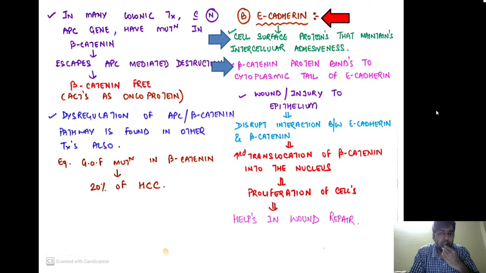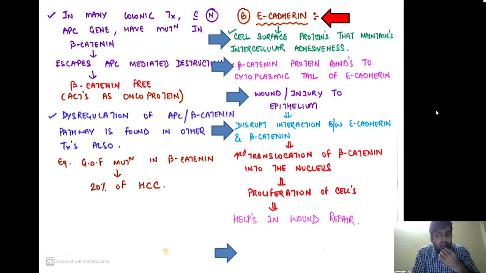As long as the cells are together, the beta-catenin will remain attached to the E-cadherin. As soon as there is some kind of wound or injury to the epithelium wherein the cells lose contact with each other, there will be disruption of the interaction between E-cadherin and beta-catenin. So now that the two cells are not in contact with each other, the contact between E-cadherin and beta-catenin will also be distorted.